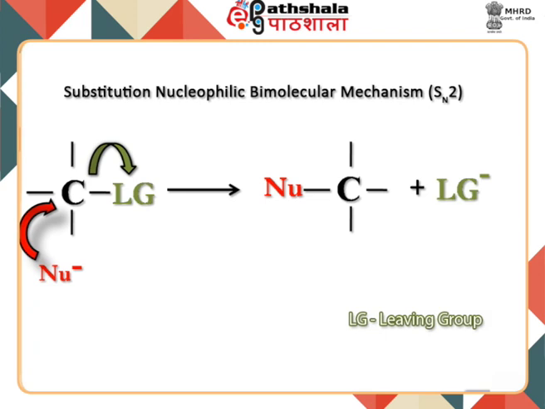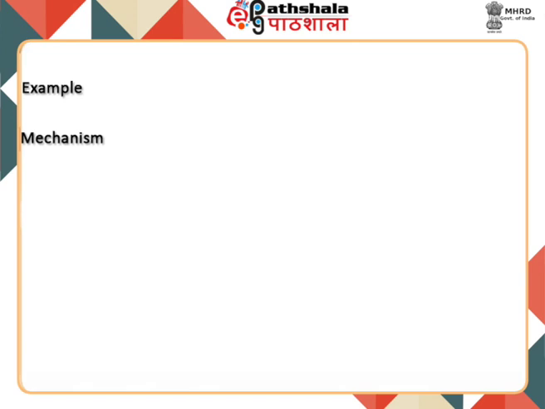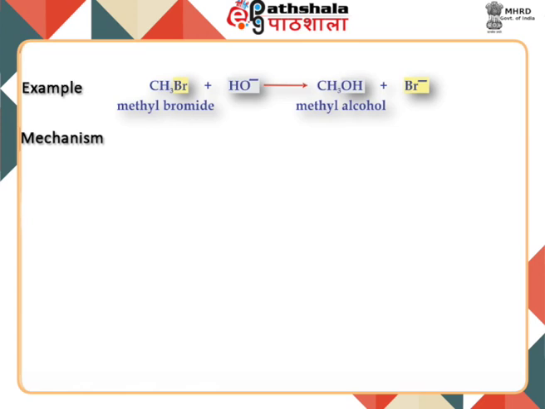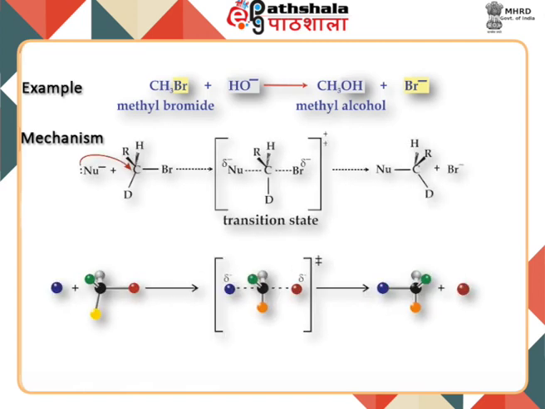Let us understand SN2 mechanism with an example. For example, the reaction of methyl bromide with hydroxide ion follows SN2 mechanism. The substrate is attacked by a nucleophile from the backside and the leaving group leaves simultaneously. A stable transition state is formed in this reaction.